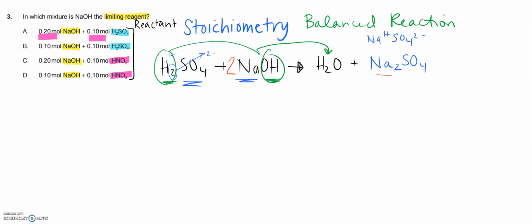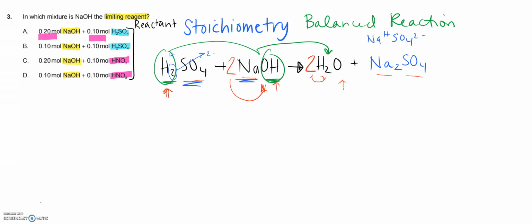Now my Nas are balanced. I have one SO4 group on both sides, so that's good. So I've got 2 oxygens because the 2 gets multiplied through here, so I'm going to put a 2 out front there. And I have 4 hydrogens there, which is good because I've got the 2 from there as well as 2 times the 1 there, so 2 plus 2 is 4.